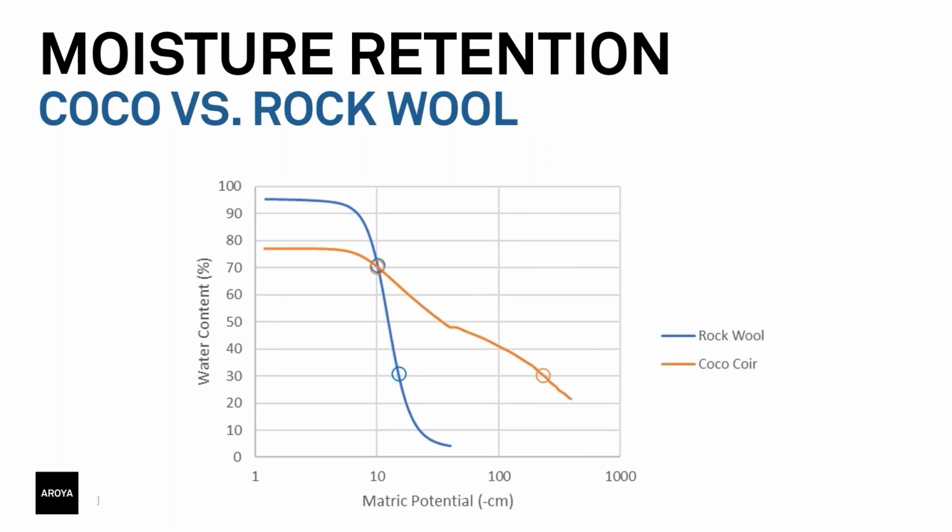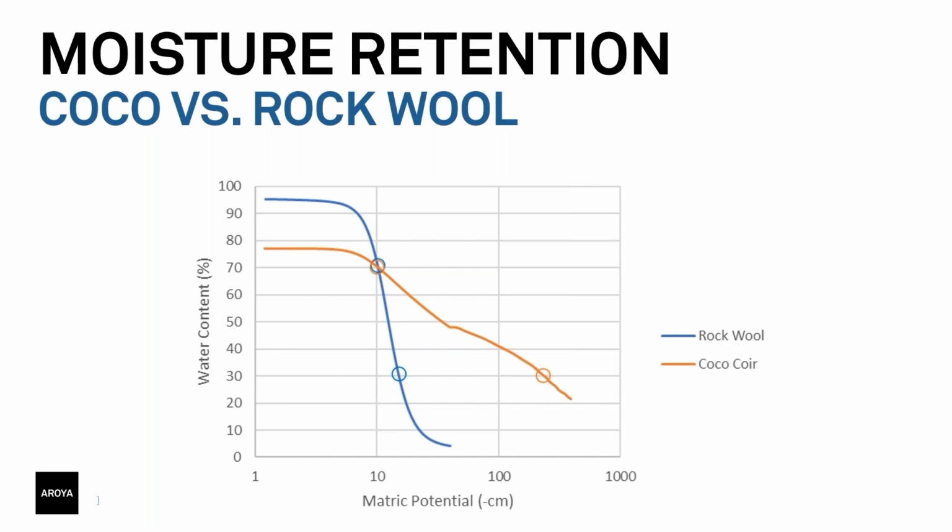Now, to make sure that you fully understand these ideas, let's look again at the rock wool and the cocoa. Let's say the range of water contents over which we might expect to operate is 30 to 70%. These are shown as circles on the graph. At a water content of 70%, both have a water potential of minus 10 centimeters of water.